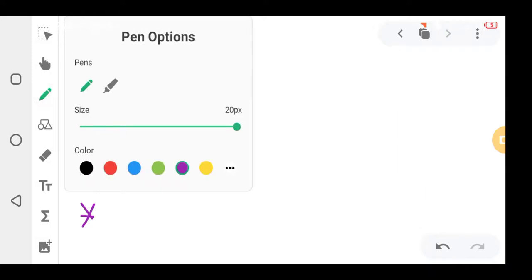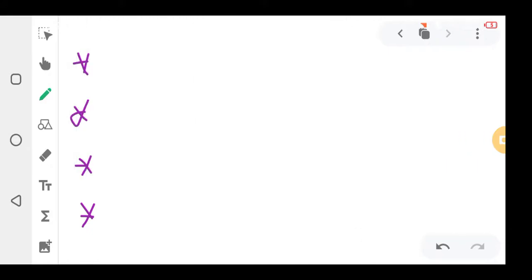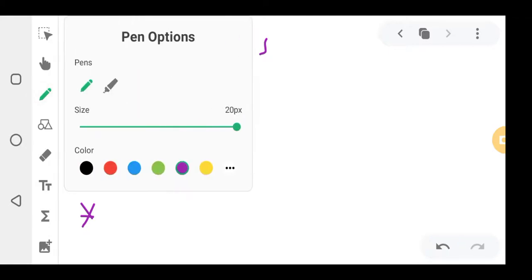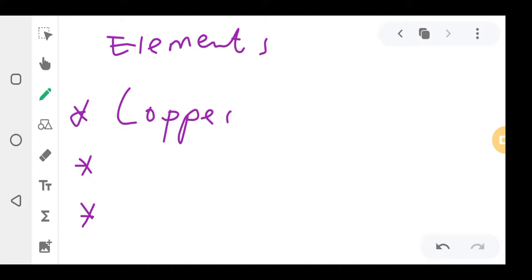Examples of elements include copper. You need to know the symbols because they can ask you to write the symbol for copper.